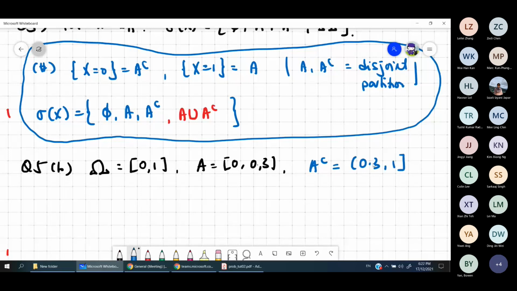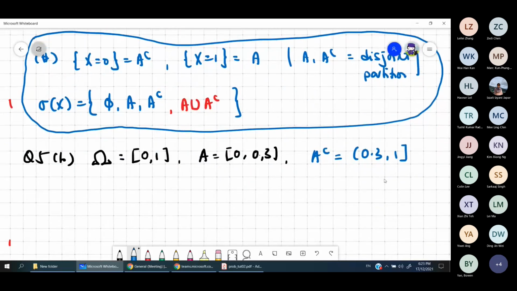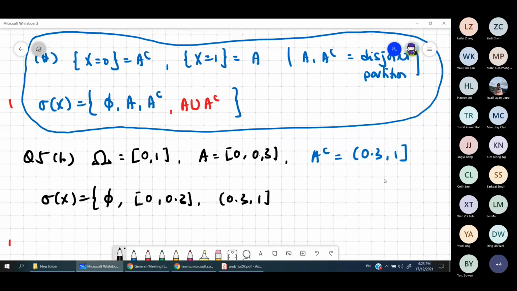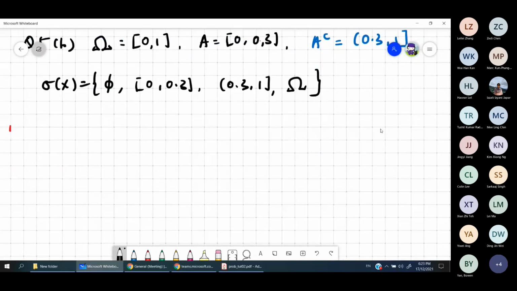What you need to do is just plug into here, then you will get the answer. So in this case, the sigma field generated by X will be the empty set, 0 to 0.3, 0.3 to 1, and together with the omega. I think this is straightforward, huh?